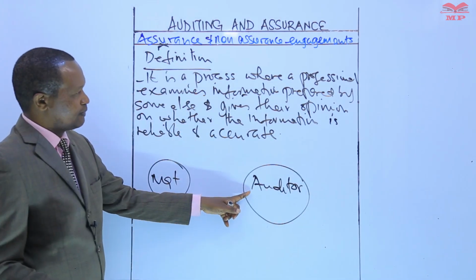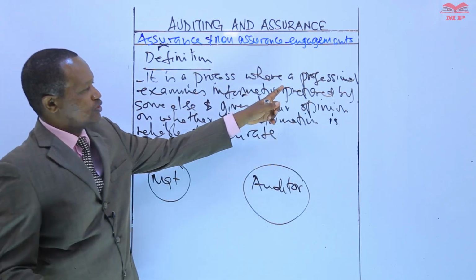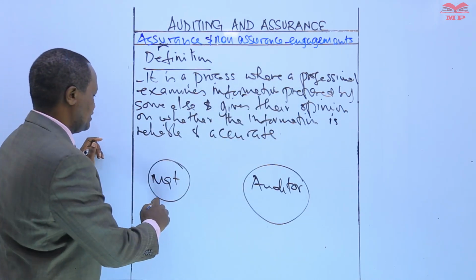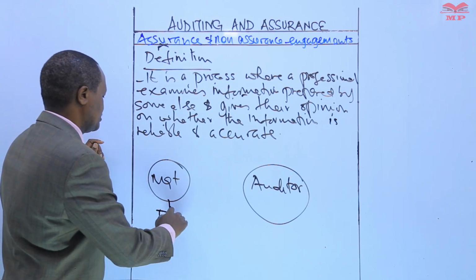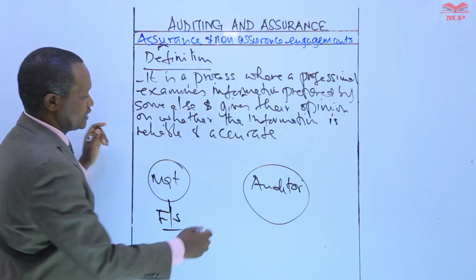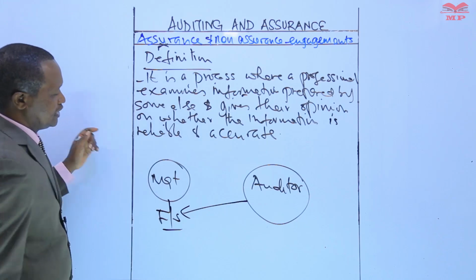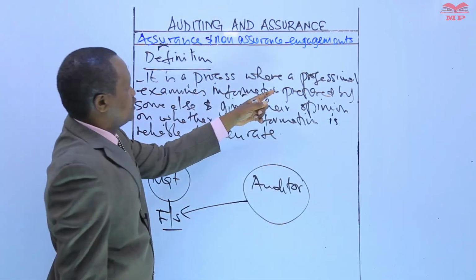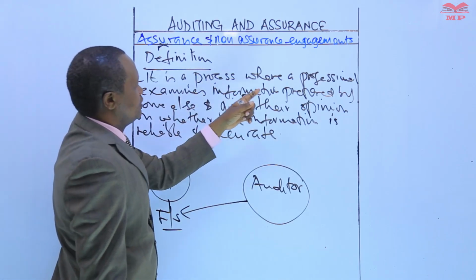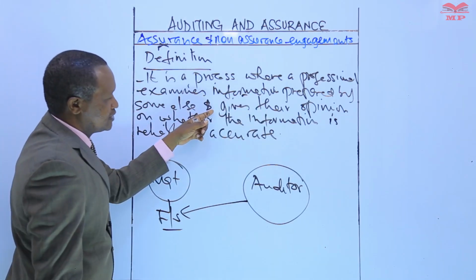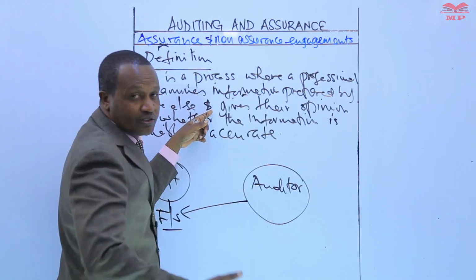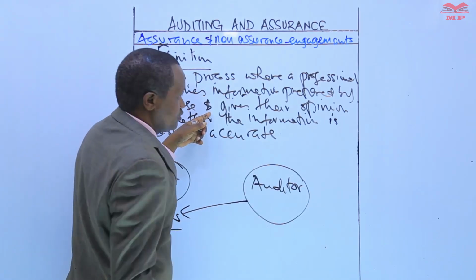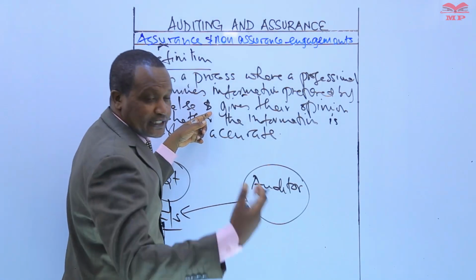So an auditor is a professional who examines these financial statements. They are prepared by someone else. An audit is an examination of the financial statements.